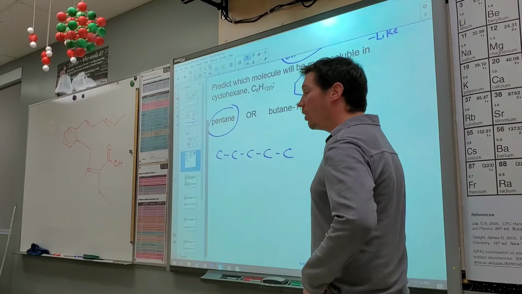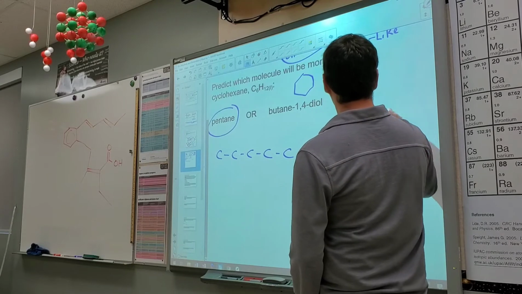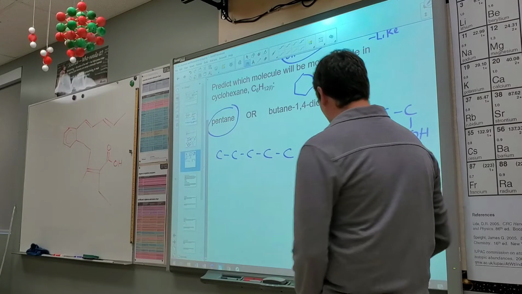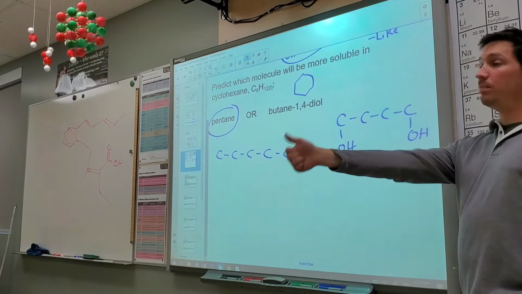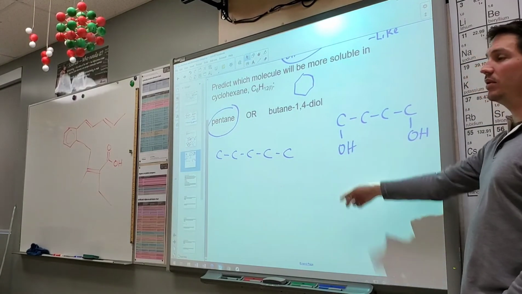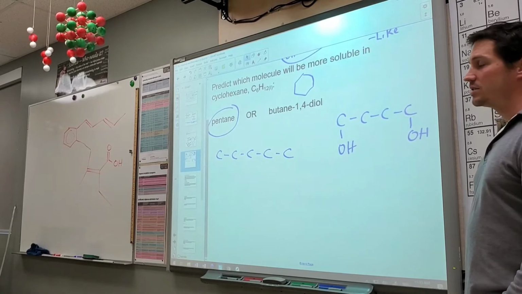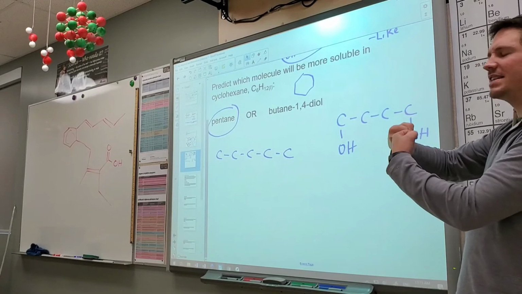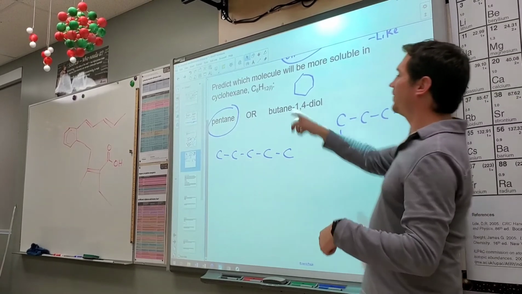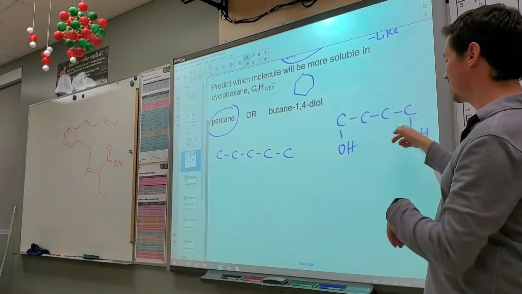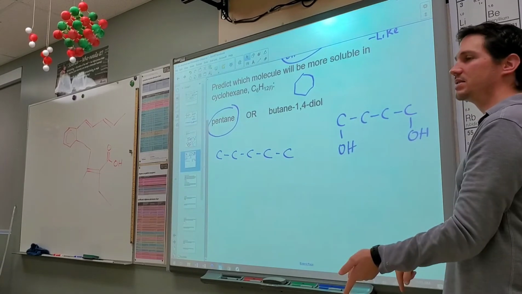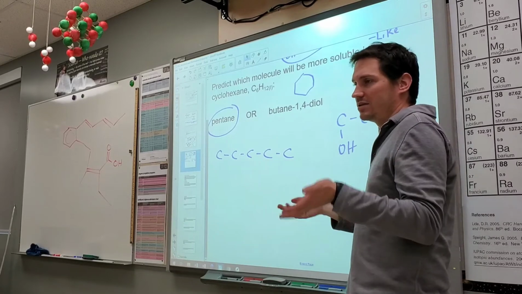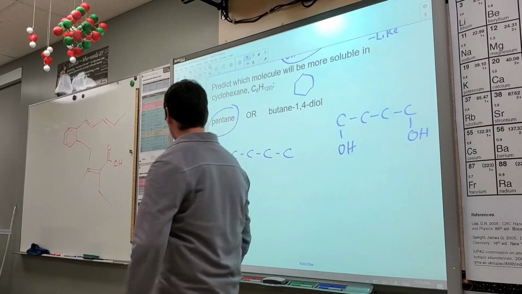But butane-1,4-diol, HOCH2CH2CH2CH2OH, is both polar and, more importantly, has the ability to hydrogen bond. So this is partnered up with itself so strongly that the hexane doesn't have enough attraction to break up this and its friends. So they'll never mix. They'll never dissolve with each other. Does that kind of make sense? Like dissolves like.